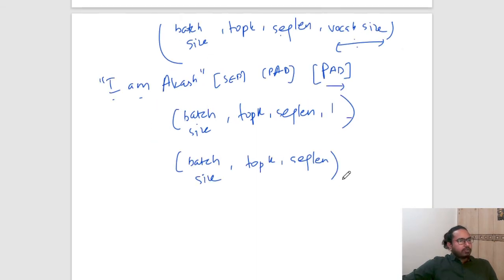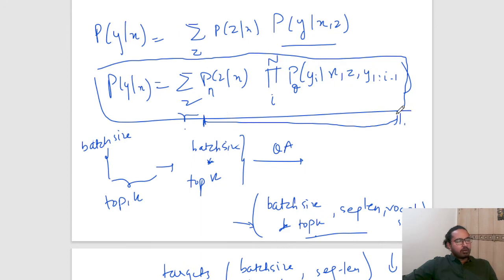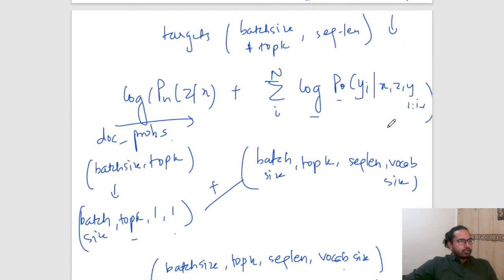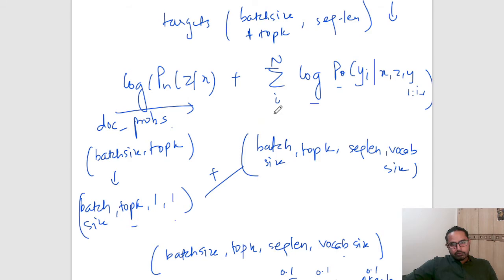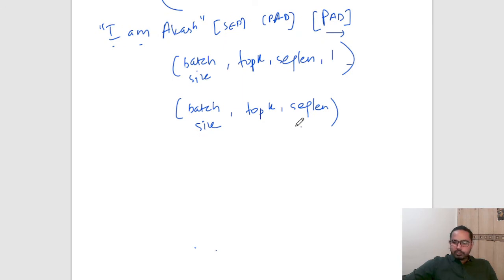So as you see, we are still trying to find the log of this expression here. There is still one part that we have not focused on, which is the summation for all of the sequence length tokens. When we do that, we take the summation over all the sequence length tokens, and we are given a tensor of size batch size comma top k.